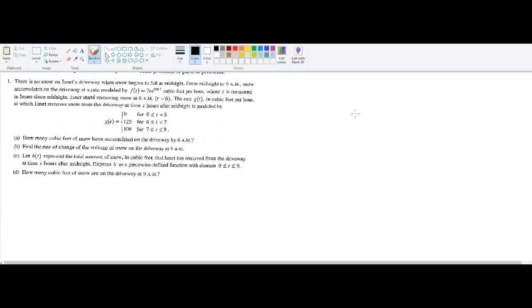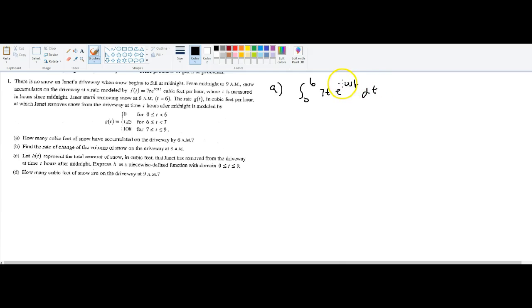Okay, so given a rate at which snow is falling, how much snow is on the driveway? Well, we know how to do this. Now, you would use your calculator for this part, and you'd have to use your calculator: the integral from 0 to 6 of 7t e to the cosine t dt.